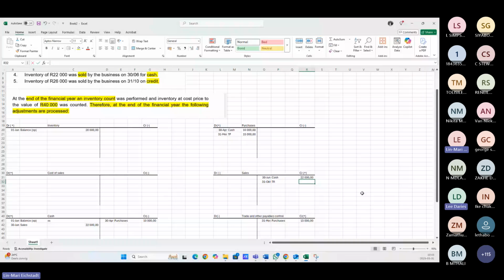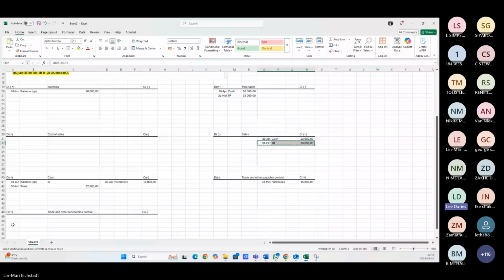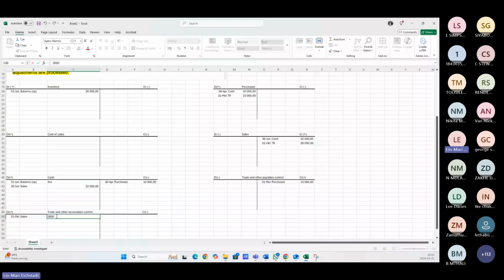So as we increased our sales, we also have to increase the amount that we will still receive from these people because they didn't pay us cash. They will pay us later. This was sales. Okay, and this amount is the 26,000, which is our trade and other receivables.